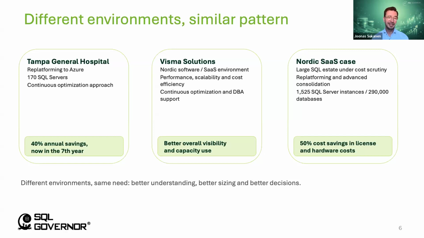That's truly manifesting in this case. So what we see is different industries, different environments, but a very similar pattern underneath. Better understanding leads to better sizing, better planning, and better outcomes.